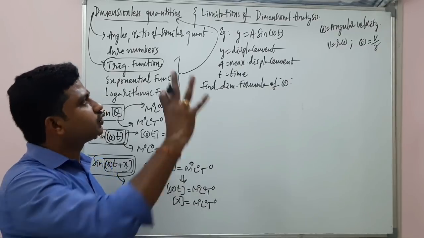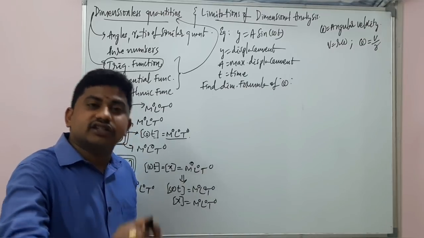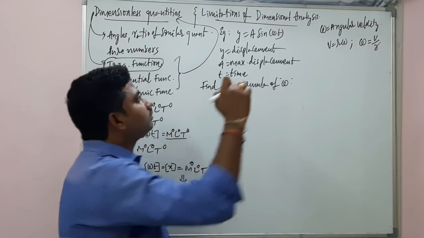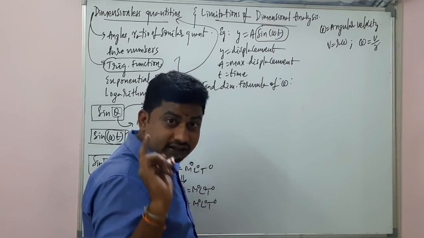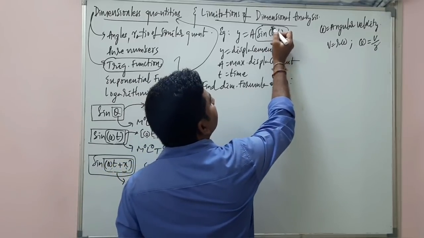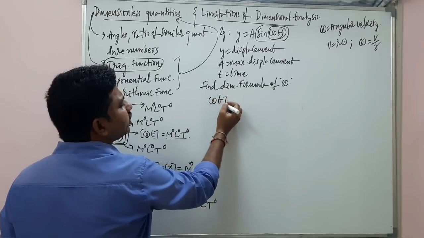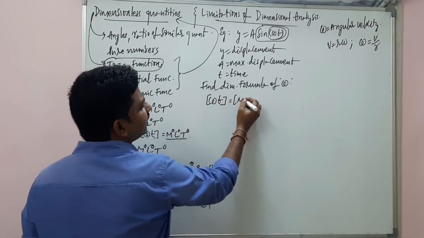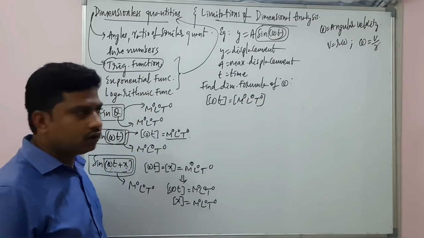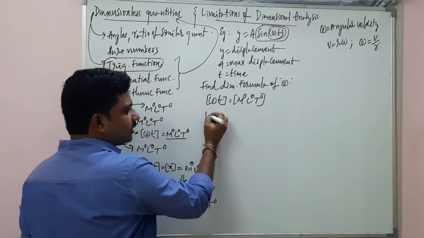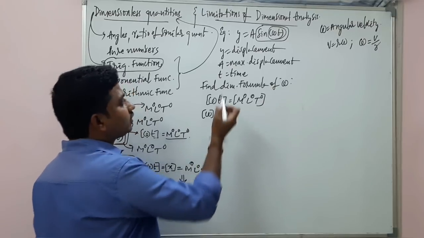So simple. Whenever you see such kind of questions, immediately you should recollect that trigonometric functions will not have any dimensions. That means the complete trigonometric function is not having dimensions. That indicates sine of something means this is theta. This will not have any dimensions. I can write omega into t will not have any dimensions, M0 L0 T0. So this omega's dimensions we need to find out, into t. t's dimensions are time dimensions, because t is time.